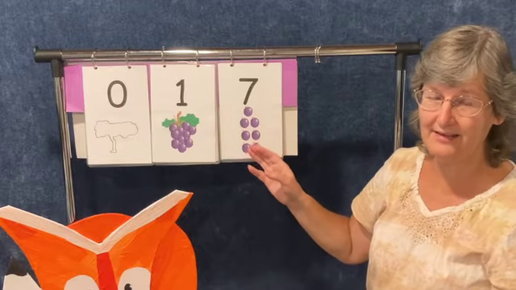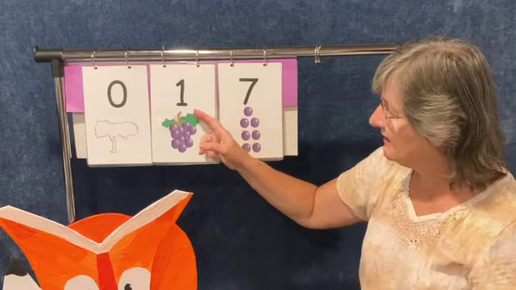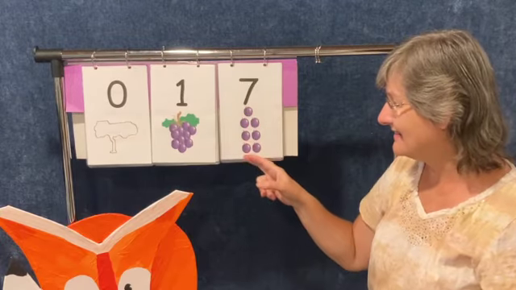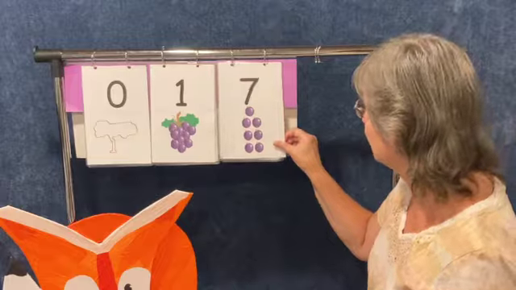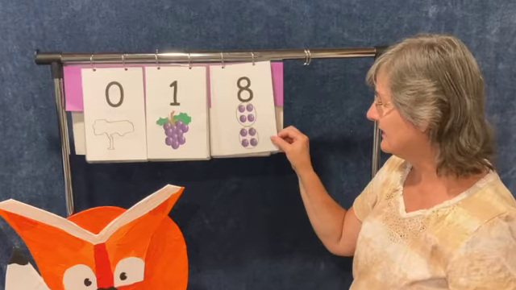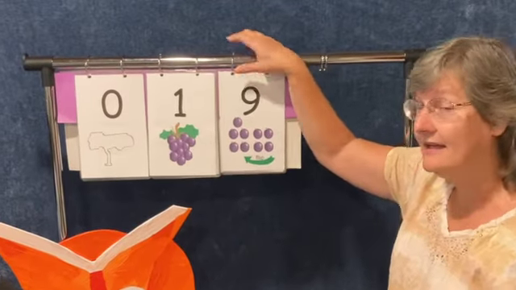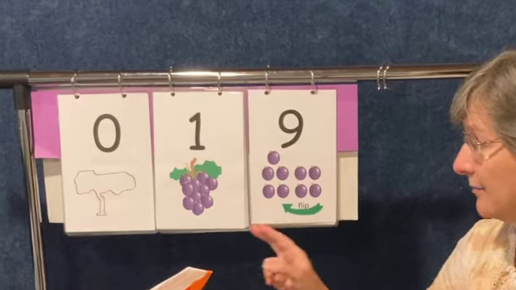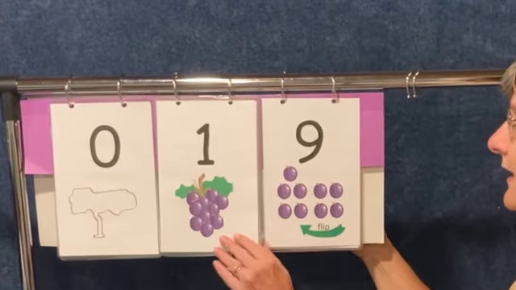What does 17 mean? 17 means you've got 1 cluster of grapes and 7 more separate grapes. After 17, we have 18. 19, and when we get 1 more grape, we are going to flip.